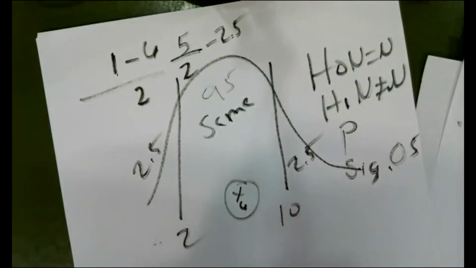So when I look at a negative 2.5, do we see that number? 0.006. That's my probability. If it's a negative number, the number on here is a probability. If it's a positive number, you need to use the alpha.